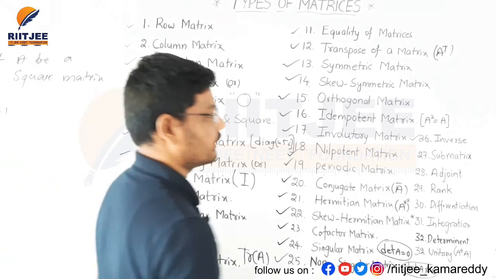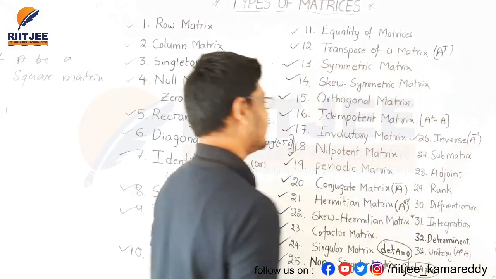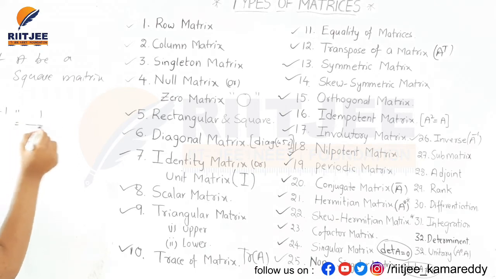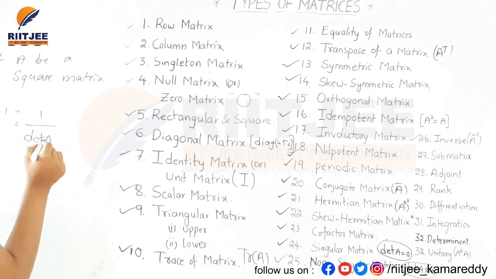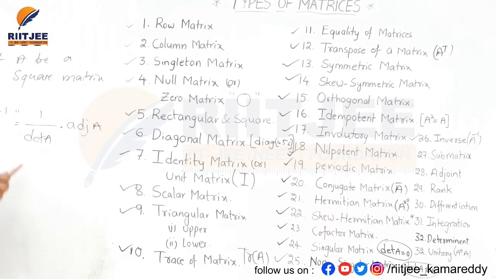The inverse is 1 by det A into adjoint of A matrix. It is called the inverse matrix.